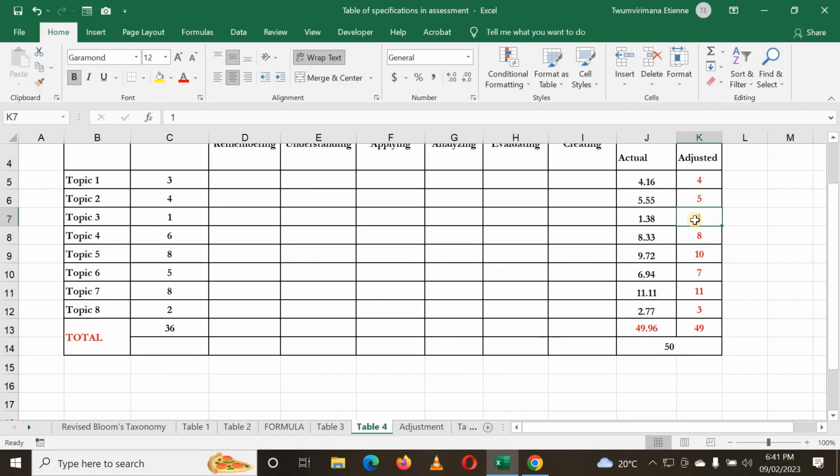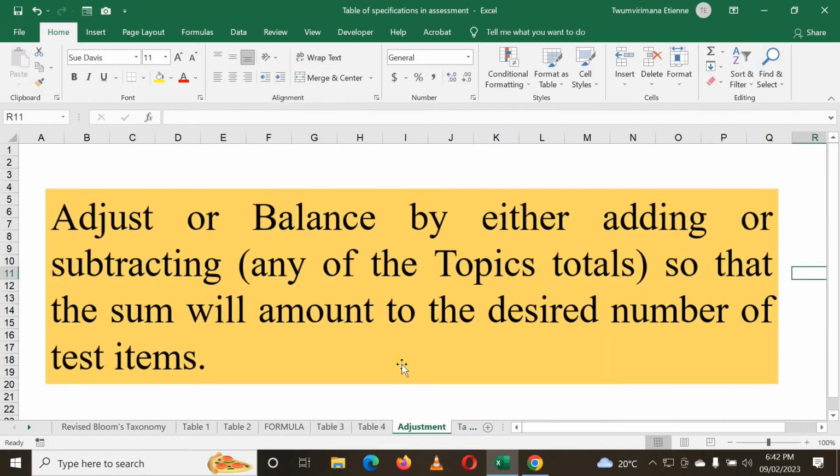This is what I call adjustment. Or I can round this to 6. But this one which has only one question, I can think of it and put 2. Let me show you how to adjust.